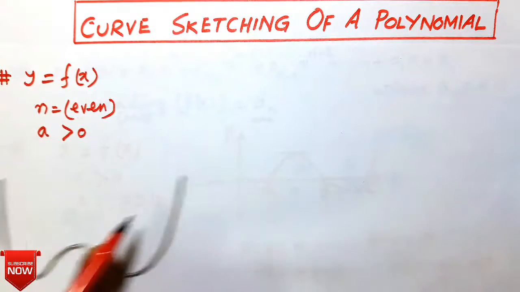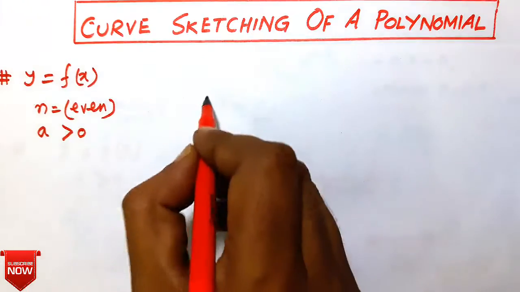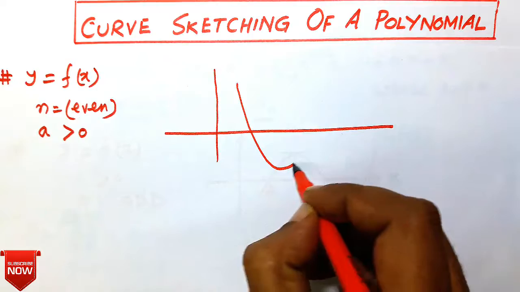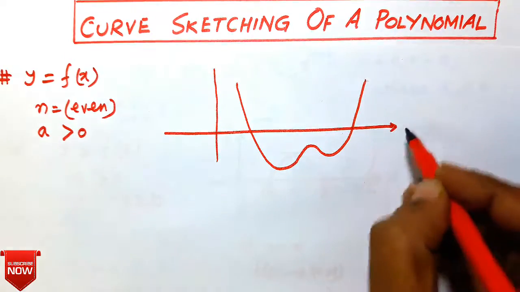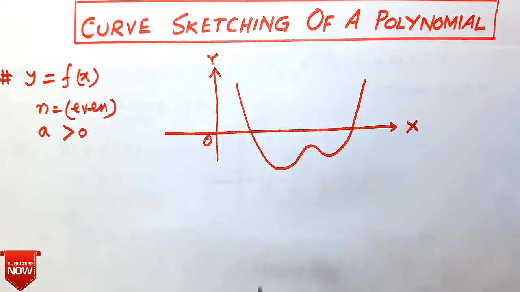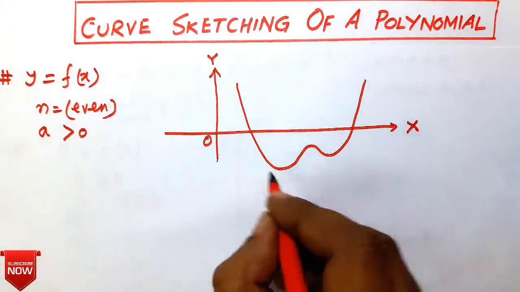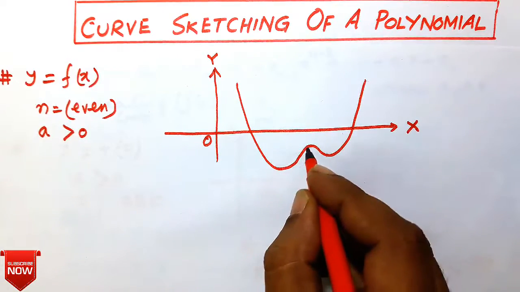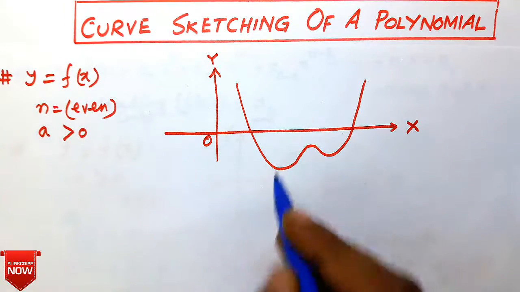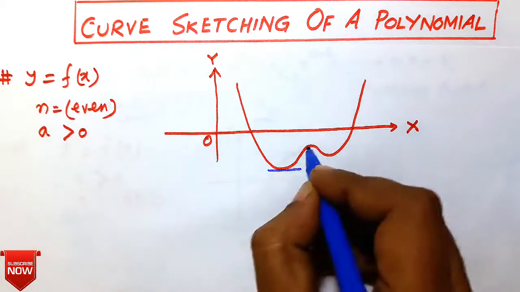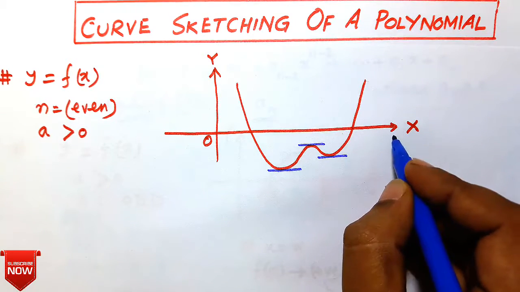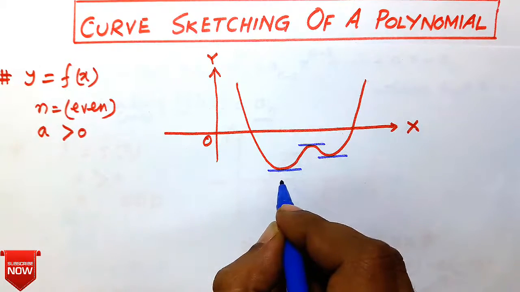Now I am drawing this one. Say the curve is this one. This is the curve, x-axis, y-axis, origin. Now friends, you see that there are three turnings: 1, 2, 3. So if you draw three tangents at the points on the turnings, then you will find that these tangents are parallel to the x-axis, so that dy/dx is equal to 0.